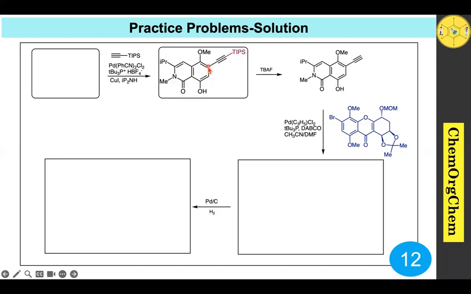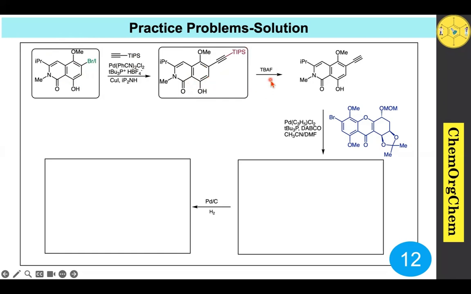Now you disconnect this carbon-carbon bond, producing this corresponding terminal alkyne. Here there should be either a bromide or an iodide substituent present in this substrate, so this may be the correct answer for this box. Now you see either the bromide or iodide substituted substrate reacts with this terminal alkyne under Sonogashira cross-coupling reaction conditions, producing this corresponding product.